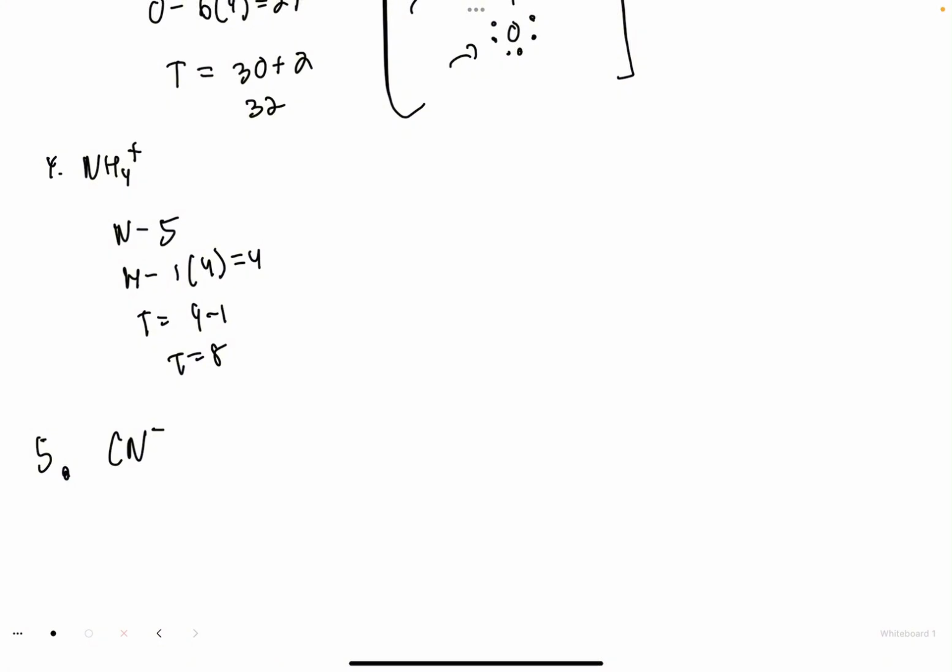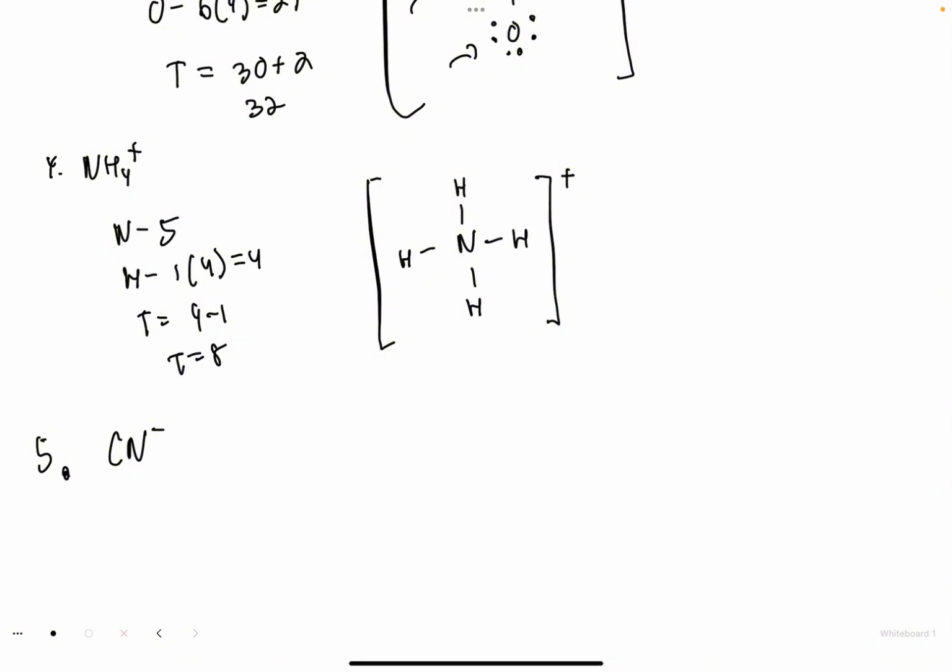And again, what we talked about with hydrogen is that it can only have 2. So if we have nitrogen in the middle and 4 of these hydrogens, we should be okay in theory. So let's check.